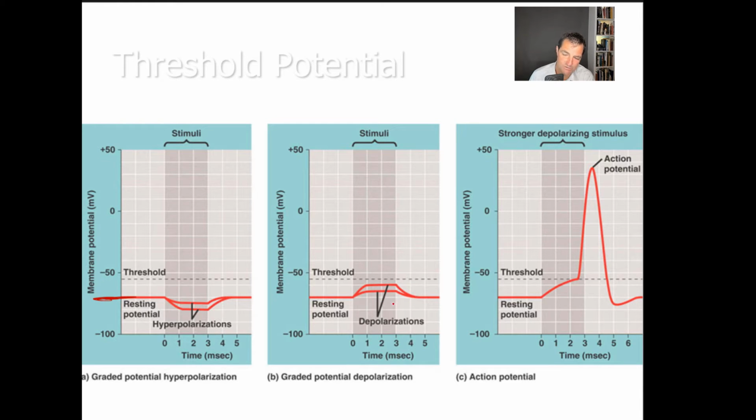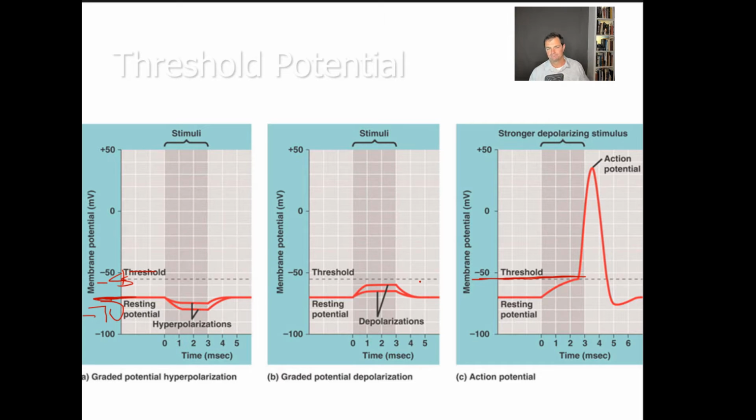It sort of resets itself. So there's a threshold point that you have to get to. It's different for different neurons, but if this is minus 70, maybe this is minus 45 or something like that.